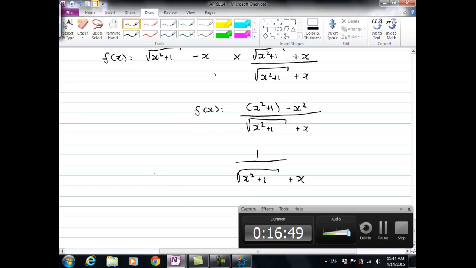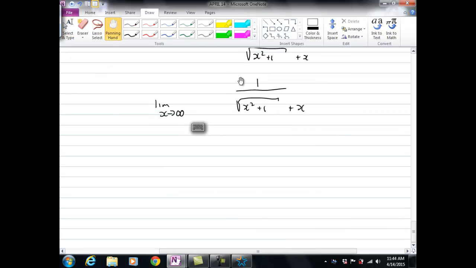And remember, this is the limit as x approaches infinity. I look at here, x seems to be instead of the x squared on the inside, they're really the same thing. So I'm going to divide this by x squared, and this by x squared, because when I bring x on the inside, it becomes x squared. And the top too.